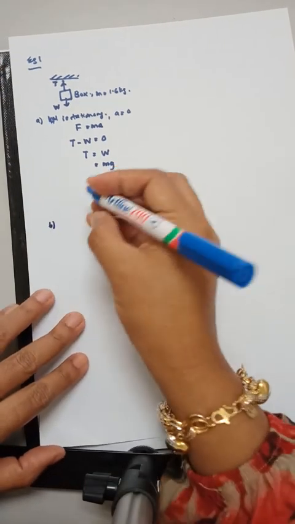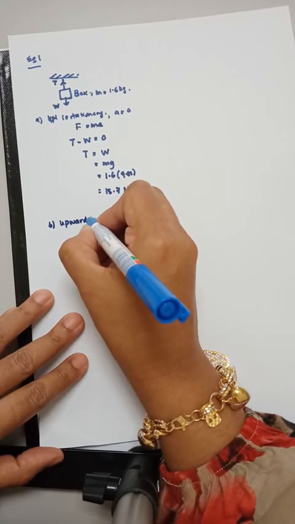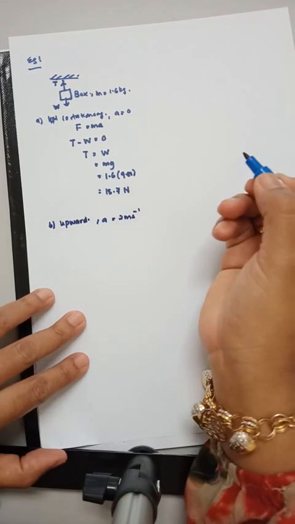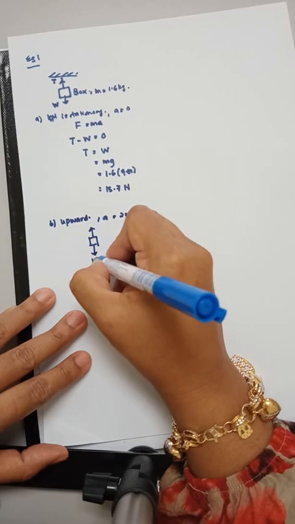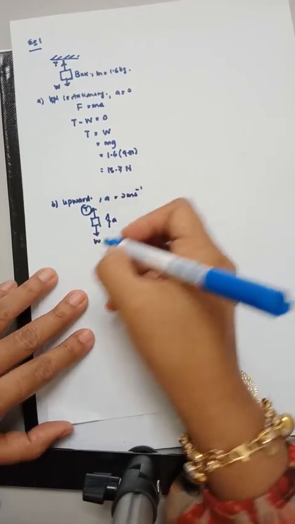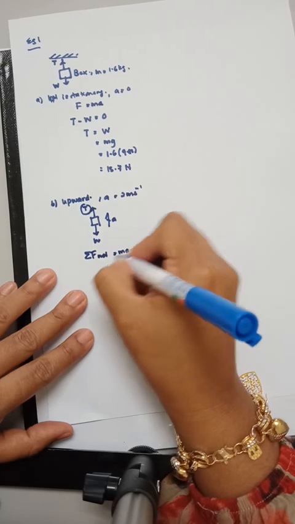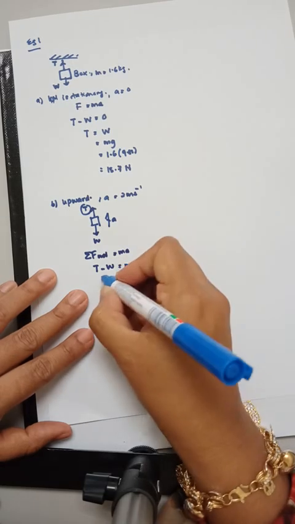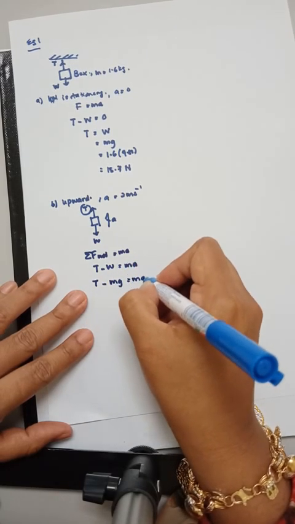So B, upwards. When it moves upwards with an acceleration of 2 meters per second squared, you must remember that when going upwards, T is more dominant. So the sum of F, or F net, is T minus W will be MA. T minus W, MG, will be MA.